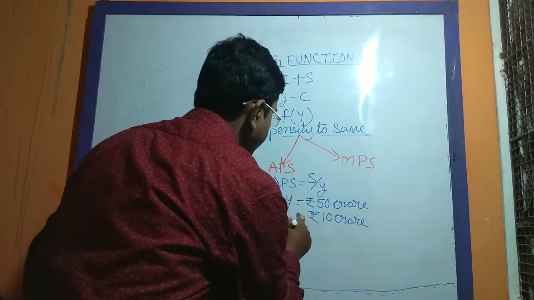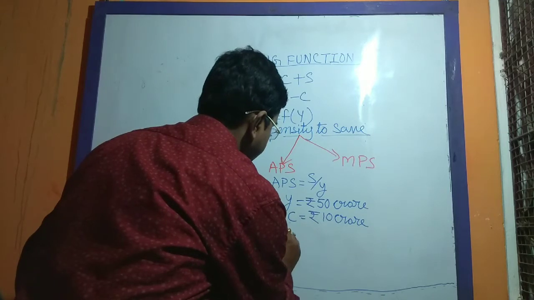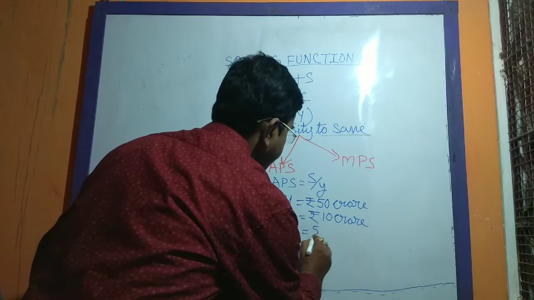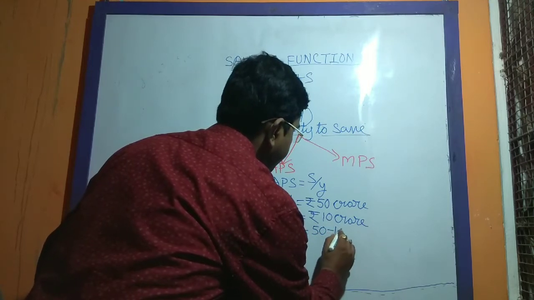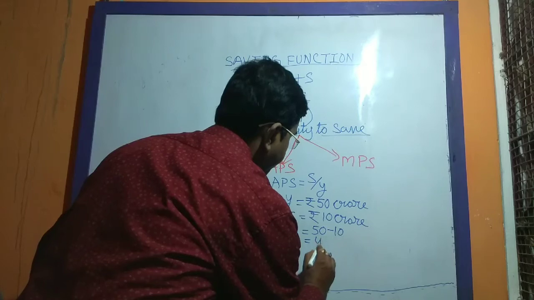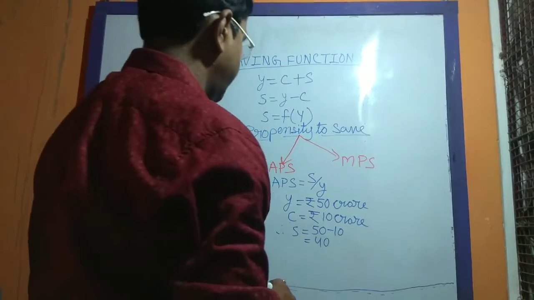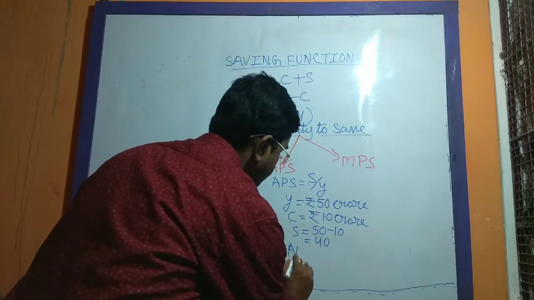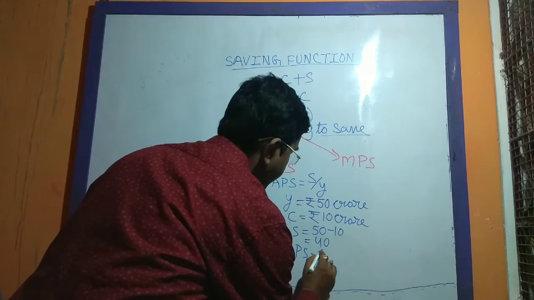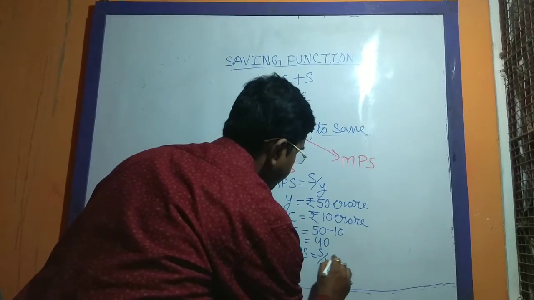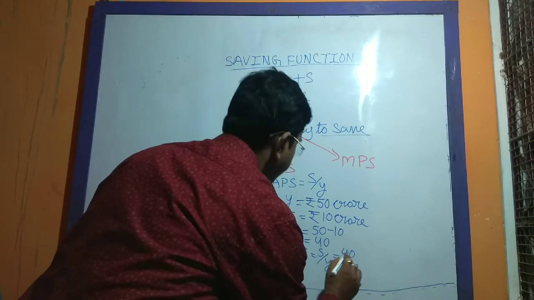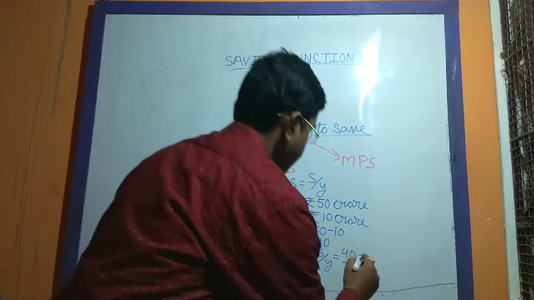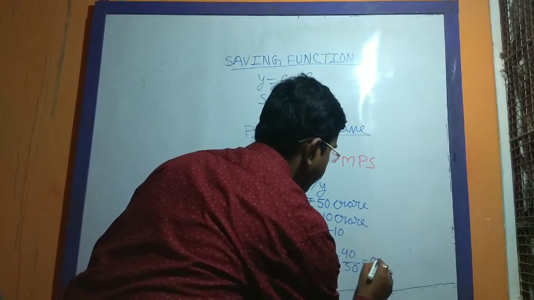Sorry, consumption equal to 10 crore. Therefore, S will be Y minus C, that means 50 minus 10 equal to 40. APS, average propensity to save, will be S by Y, that means 40 divided by 50, that means 0.8.